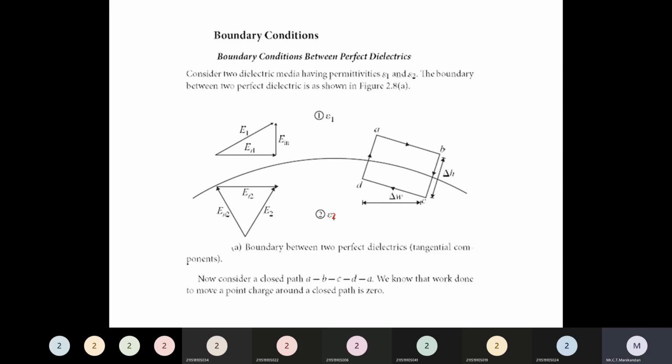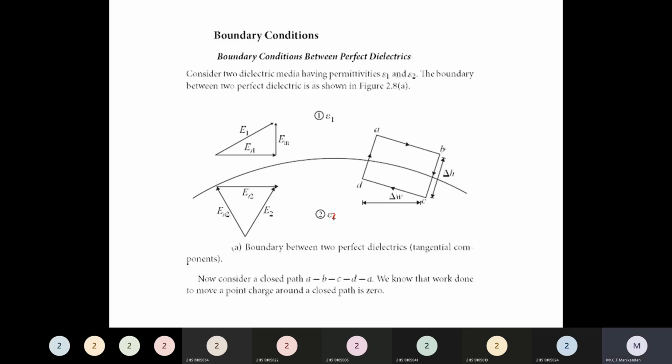At the interface of the 2 dielectrics, how will the electric field flow, and how will the flux density flow? That we can see for 2 components: one is called the tangential component, and the other is called the normal component.